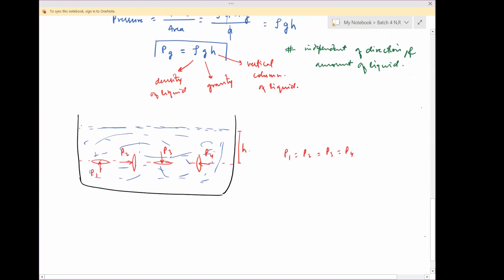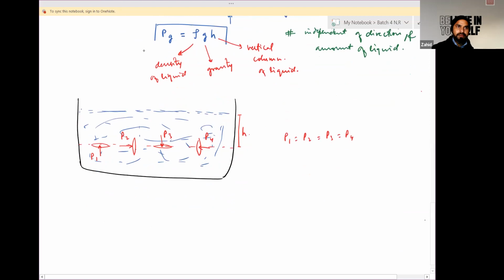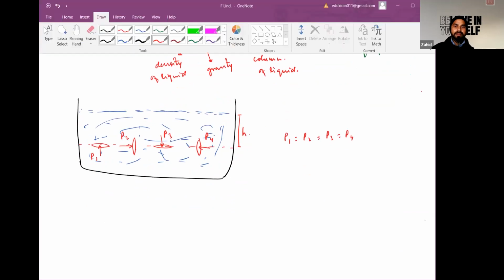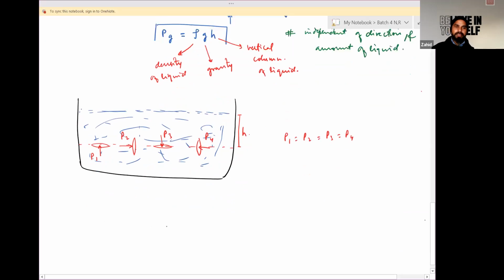Let me give you another example for amount of liquid. Suppose you have a connecting tube like this.